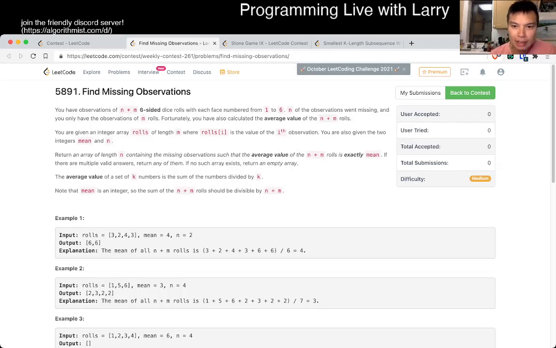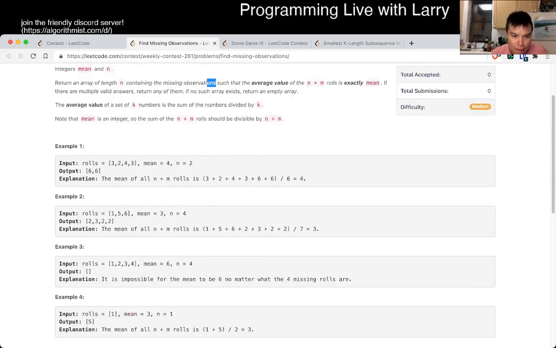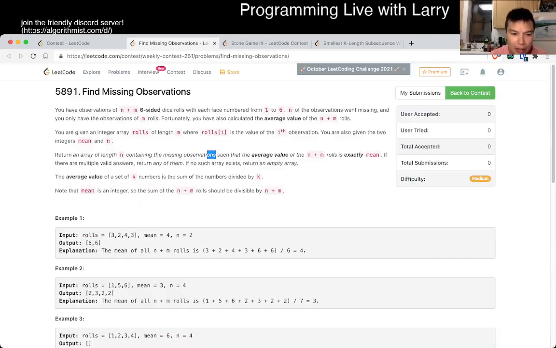N plus m dice, n of them missing, with a given average value. So n is missing and m of them are here.